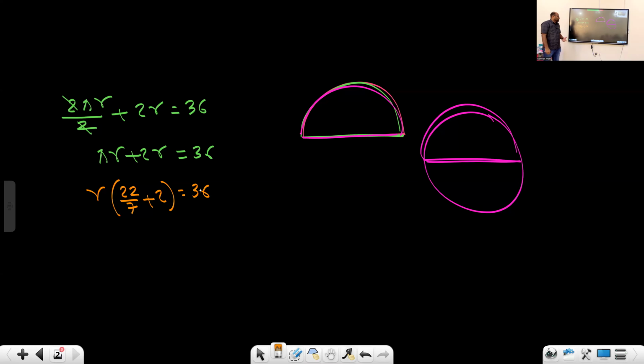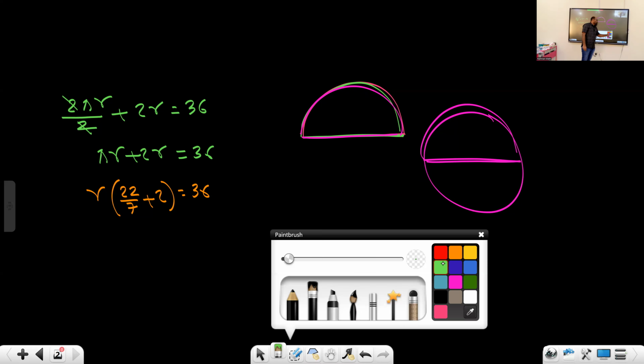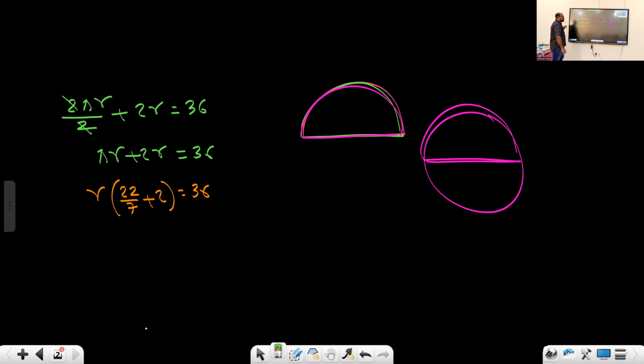The problem is many of you don't know how to take LCM. Taking initiative, that's also not happening, that's a problem. This 2 gets multiplied. So r into 22 plus 14 by 7 equal to 36.